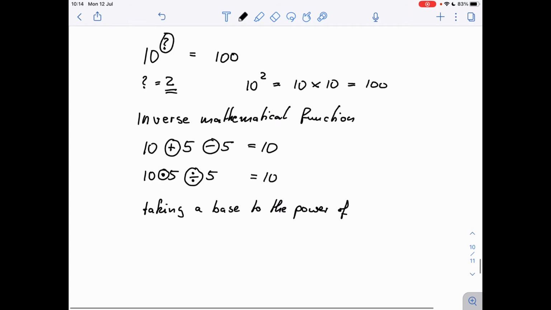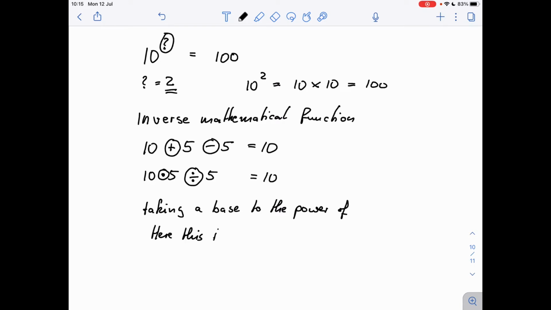And this is a function or an operation that again would need to give us our original number and reverse what we have done. And in our case, the inverse mathematical operation to 10 to the power of is here.